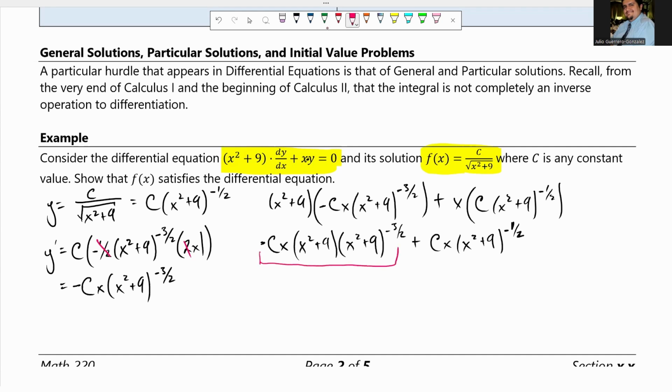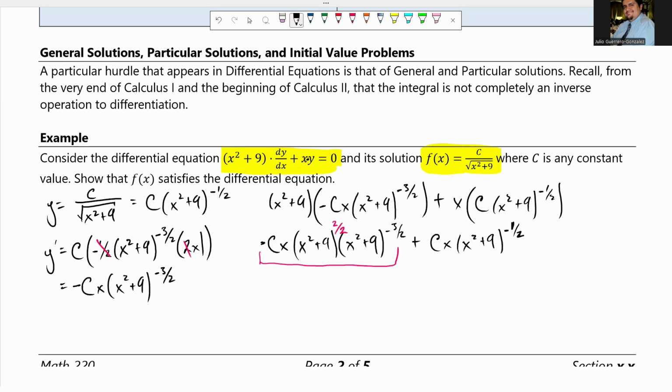If you notice, the power here is to the 1 power, right? I don't need it to the 1 power. I need this to be, let's do 2 over 2. The bases are the same, and I'm multiplying. That means I can add the exponents.